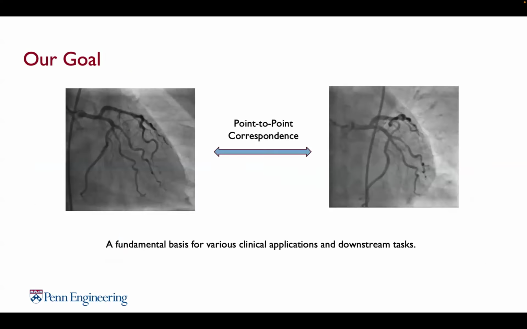So given this problem, we want to establish correspondences between any 2 views of the coronary arteries. But the problem is that we do not have any data set in 2D that contains point-to-point correspondences. So this is the main challenge, and this is where we first leverage synthetic data.